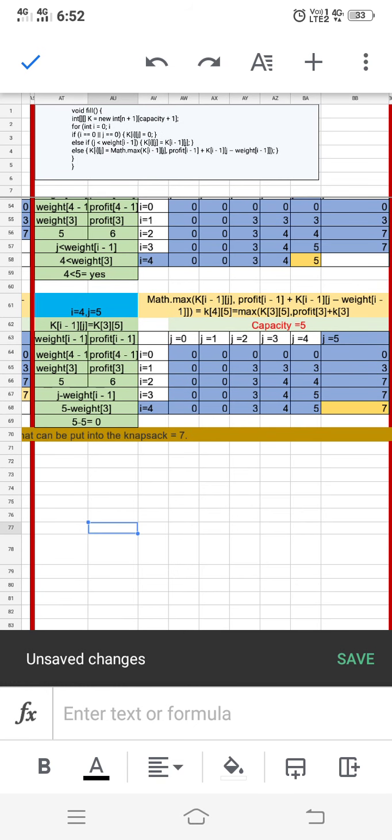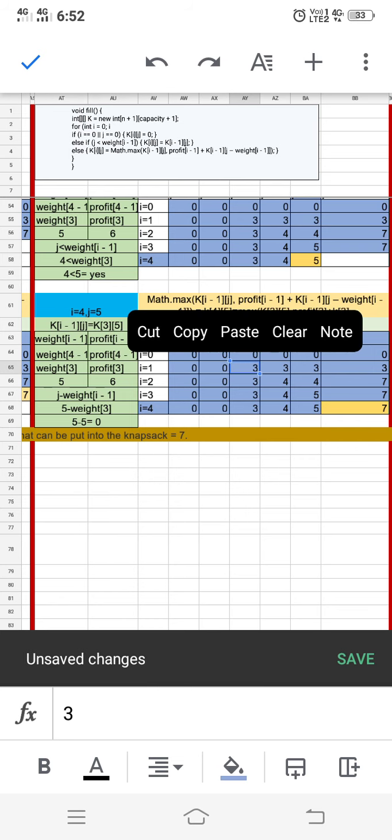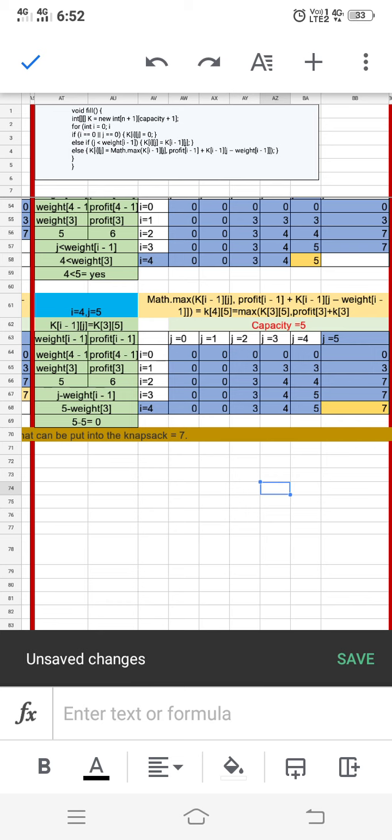For i is equal to 1 and j is equal to 2, I can fill up the profit 3 directly in that particular entry.